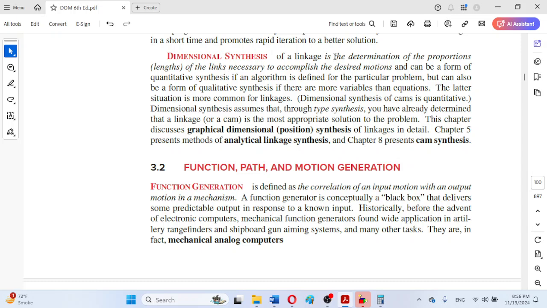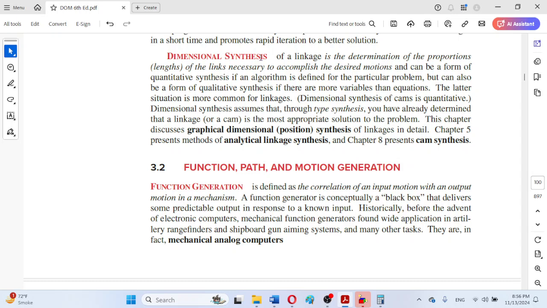For example, there are 4 links and we obtain that 1 DOF is obtained for 4 links in a mechanism consisting of all revolute joints. After that, to obtain the required sizes of the links so that the required motion or output is achieved, we perform the dimensional synthesis.